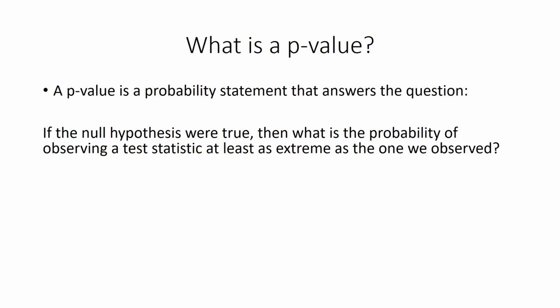So in making sense of this statement about what a p-value is, it's very helpful to remember our discussion in class a few weeks ago that null hypotheses are kind of boring.